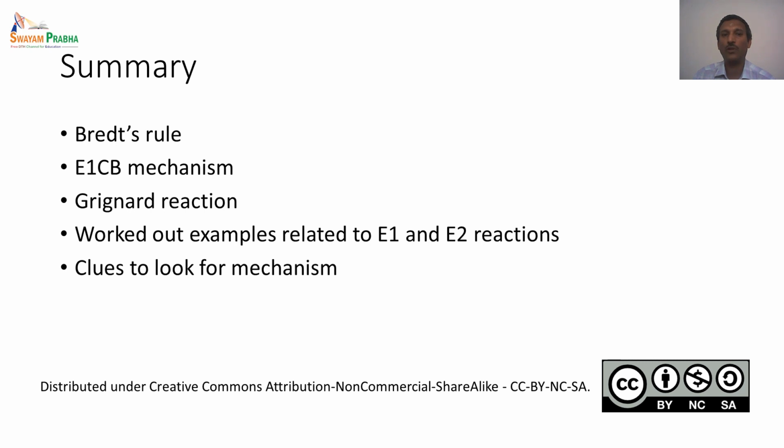We also studied about Grignard reactions, the basic mechanism of Grignard reaction, and we had studied a couple of examples of how to solve the elimination problems, and we also have studied some of the clues regarding how to solve the reaction mechanism. With this we conclude this session.